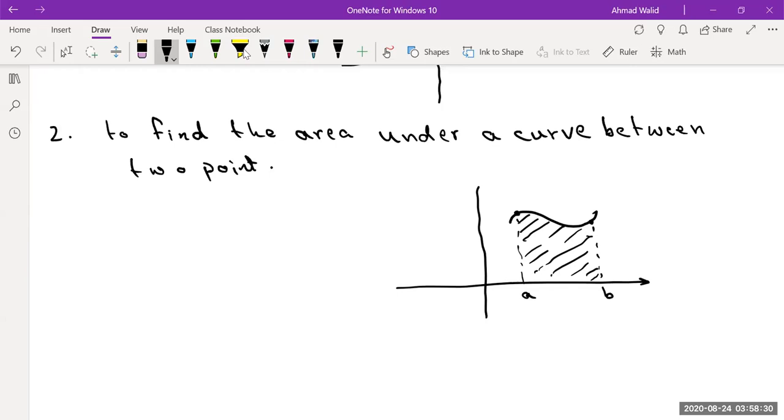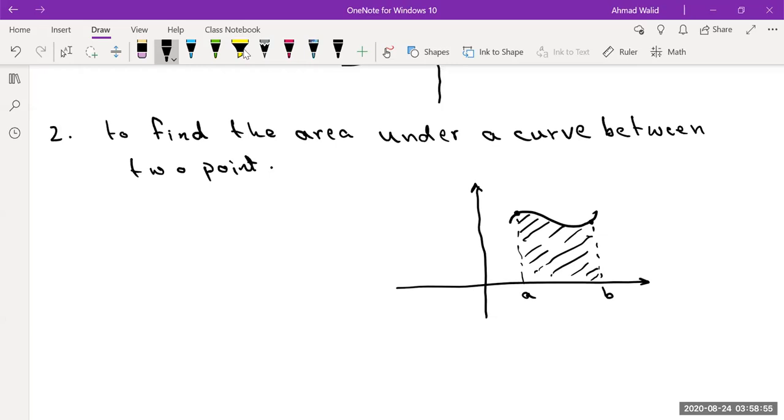Or with geometry, or with trigonometry, the classes that you had before, it's impossible to find the area under a curve. But calculus gives you the power to calculate the area under a curve, even the area between two curves, correct? We use these topics a lot in engineering.